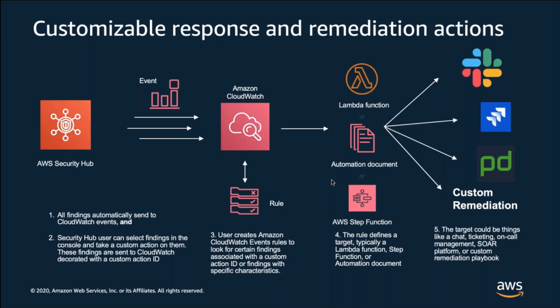And you can set up your target to do certain remediations. You can use whether it's a Lambda function, automation docs, or some step functions. You can also choose the target to be things like chat or ticketing or on-call management platforms. So this is a really nice workflow for you to develop these workflows for your remediation efforts.